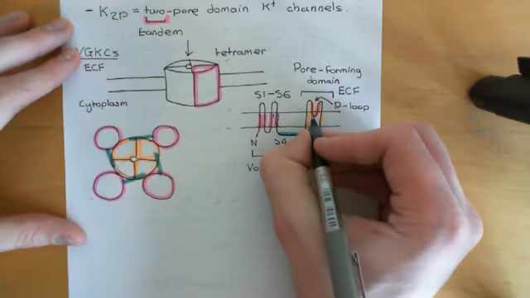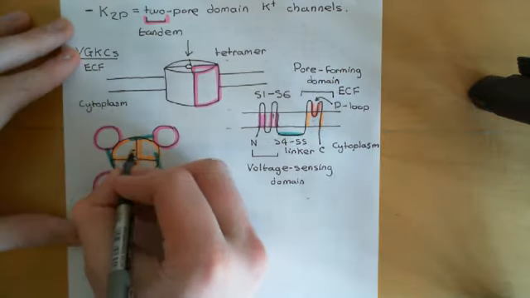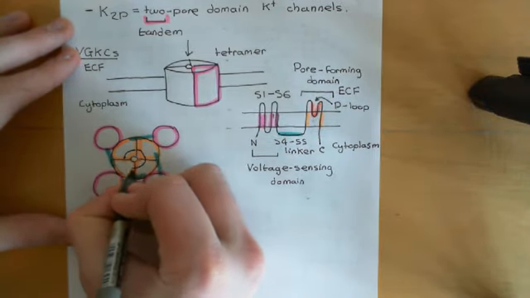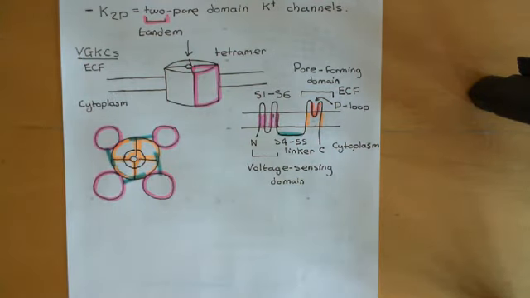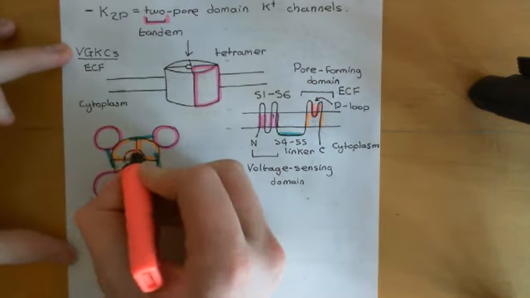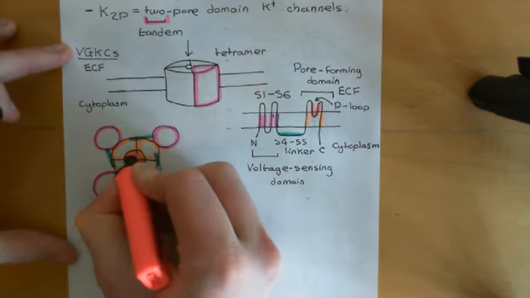It can't line the pore all the way through because it doesn't go all the way through the membrane, but it lines the pore at the extracellular aspect, and it creates a very narrow portion that is there to ensure that only potassium ions can move through this channel. That narrow portion of the pore is what's known as the selectivity filter.